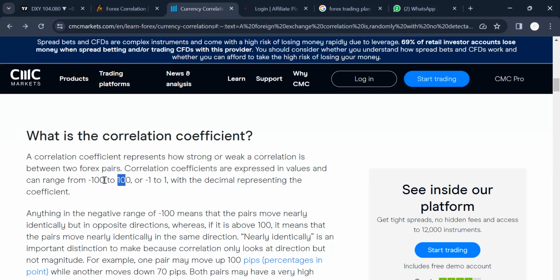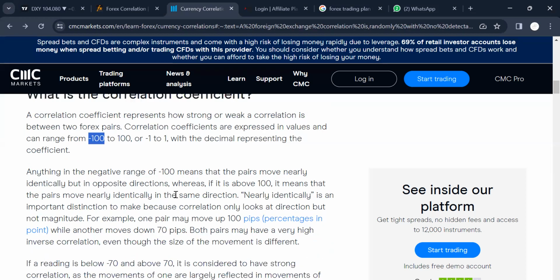It's not from 100 to this. We are talking about any negative value ranging up to -100. So if you compare -70 and -90, then -90 is the more strongly negative. I think you have gotten the picture.